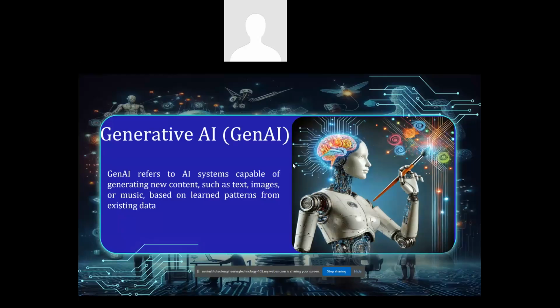Even if you ask these generative AI tools to write some music lines or lyrics, it will try to write for you, and you can even make a song out of it. I have done those things. So it's a very different landscape in the AI field, and you can utilize generative AI in a much more useful manner.